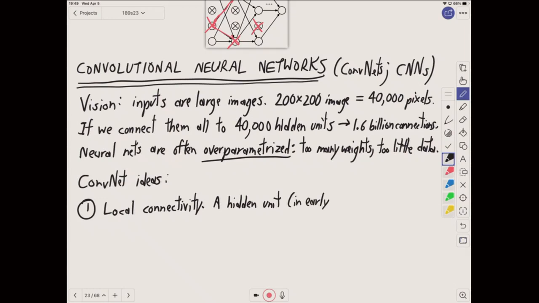In the late hidden layers, we're still going to use fully connected usually, but in the early layers of the network, a hidden unit will connect only to a small number of units in the previous layer. And that small collection of units in the previous layer I'm going to call a patch, because it's usually a little square piece of our image.